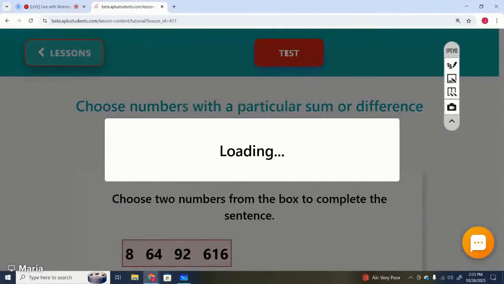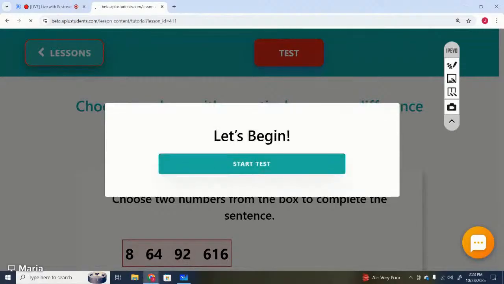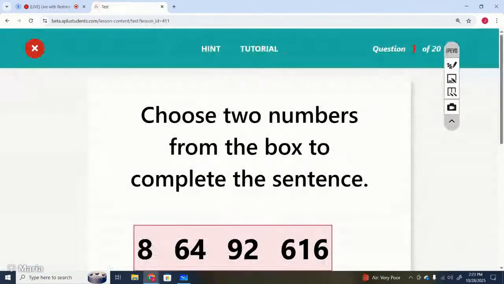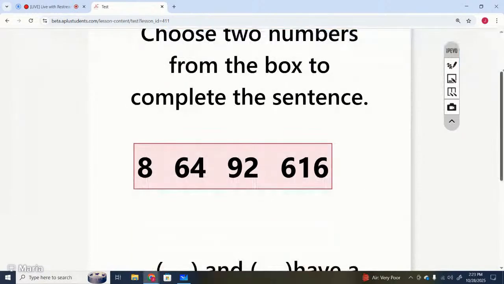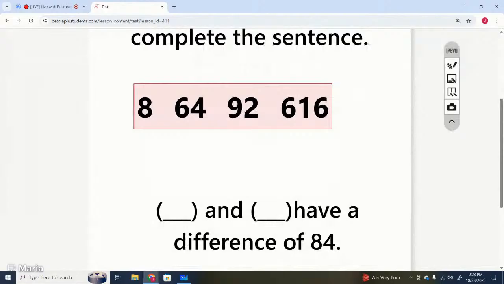Let's just start with the test questions. Choose two numbers from the box to complete the sentence.